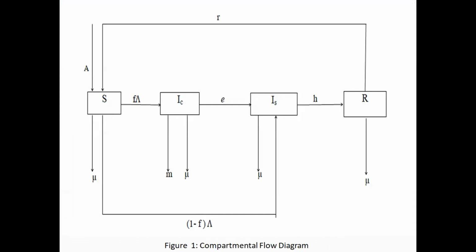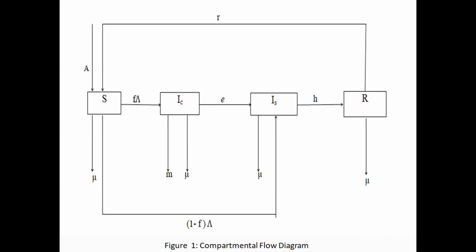I-S is the subclinical infected individuals, those that are already ill of Salmonella but still carry the virus. They don't show any clinical symptoms, but they can still infect others. While R is the recovered class.